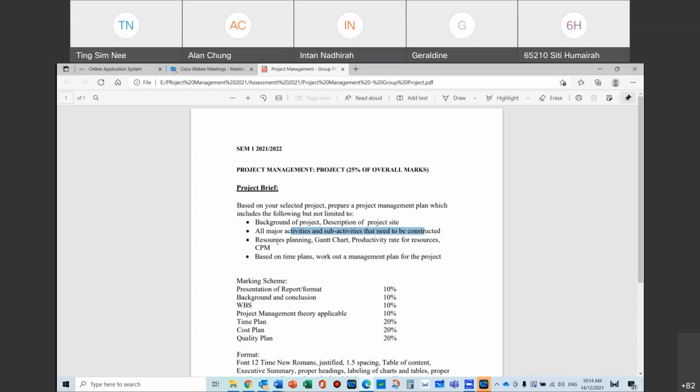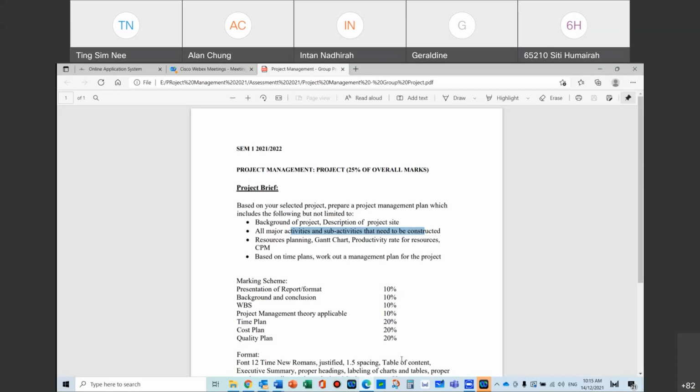So you could do that, but it's not compulsory. It's just a suggestion, whichever is easier for you. And the requirement, like I say, is around 12 to 15 major activities. You could also take out all the structure, throw it away, use your IDP site, your water drainage, sewage and road, use your civil works completely. That's fine as well.